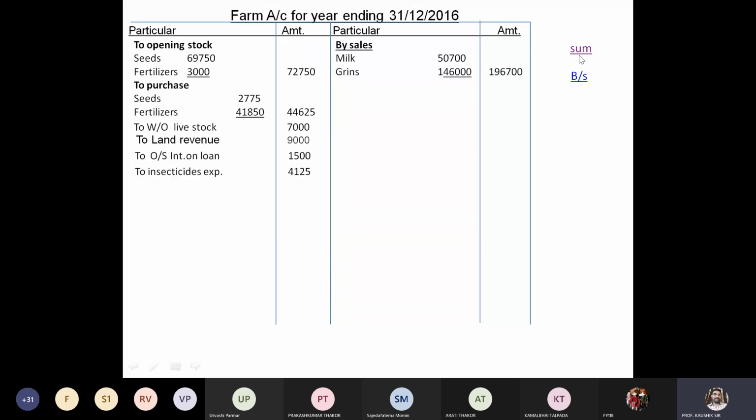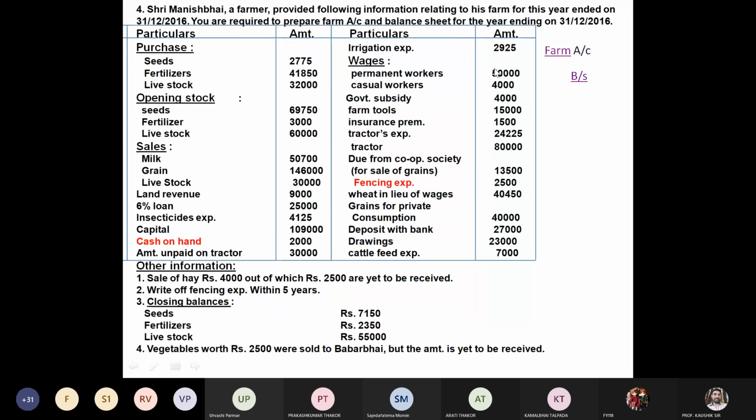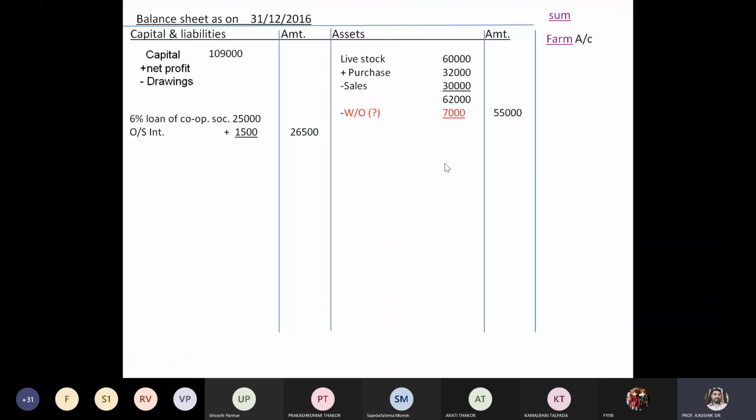Go to the sum. Capital 1,09,000. It is written in the balance sheet. Capital 1,09,000.